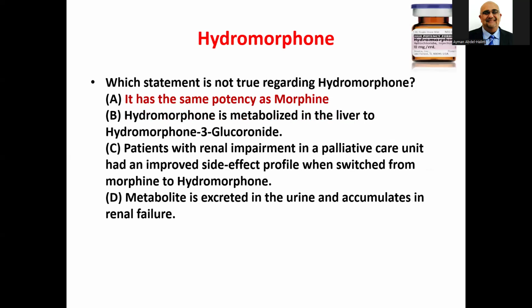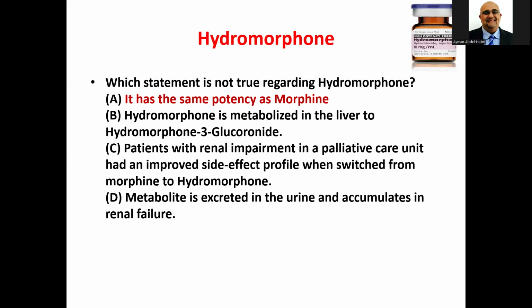Hydromorphone. Which statement is not true regarding hydromorphone? It has the same potency as morphine. That's the answer here, because it's 5 times as potent as morphine. Hydromorphone is metabolized to 3-glucuronide. That's correct. Patients with renal impairment in palliative care unit had an improved side effect profile when switched from morphine to hydromorphone.